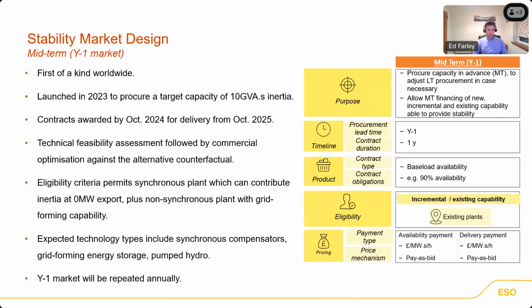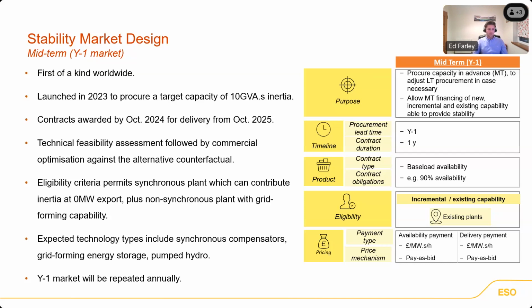So part of the problem that we see now is when we instruct additional machines on to provide inertia, typically during high periods of renewable penetration, the system is oversupplied with energy. Therefore, to contract with this type of asset that can provide inertia independently of megawatts, akin to how non-synchronous plant with grid forming capability would provide it, we think that we can operate the system at a much lower cost, and it will also facilitate zero carbon operation.